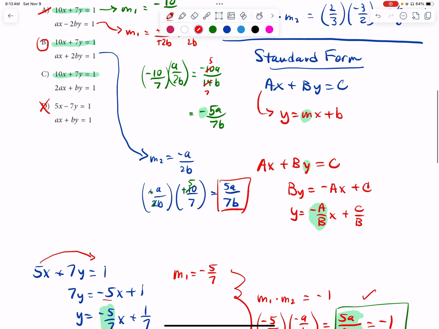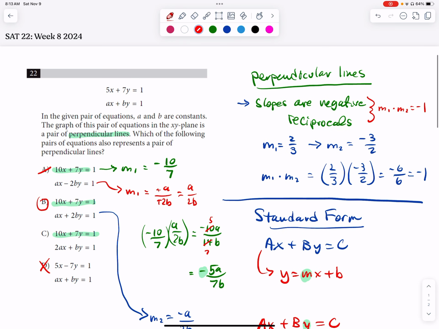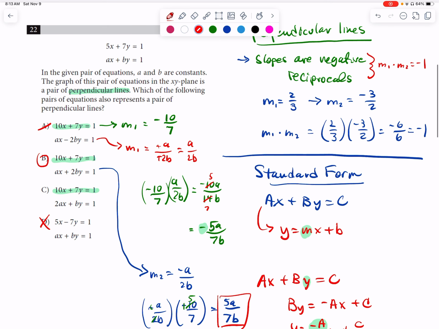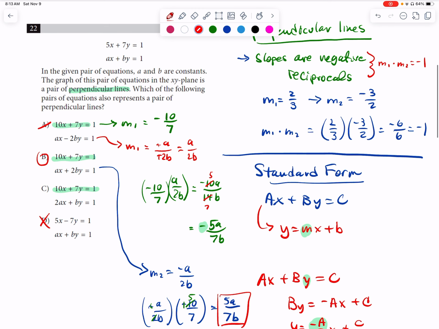Check. Okay. Now let's look at it by just finding the negative reciprocal of one of the slopes and then generating ourselves some sort of relationship between that and the a over b and verifying that that's exactly what we get for answer choice B as well.